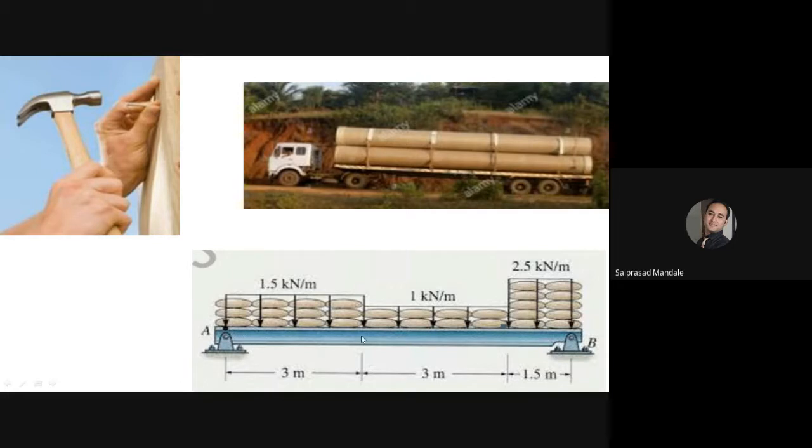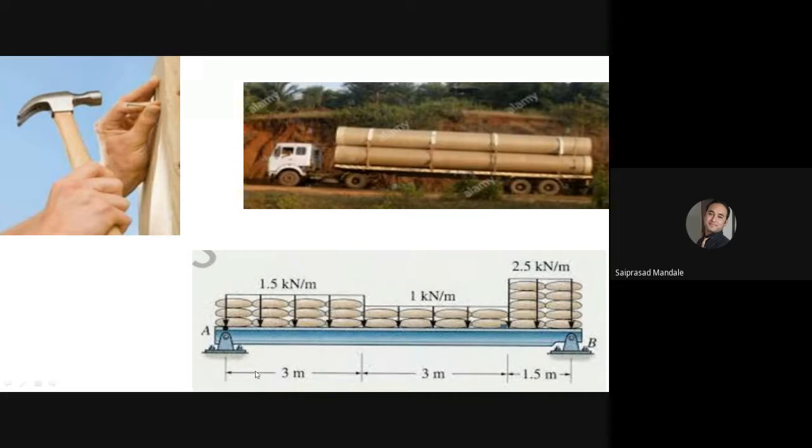Which type of load is this? Talk about the 3 meter distance. It is uniformly varying. How is it uniformly varying? No, first just tell me for the first 3 meters.